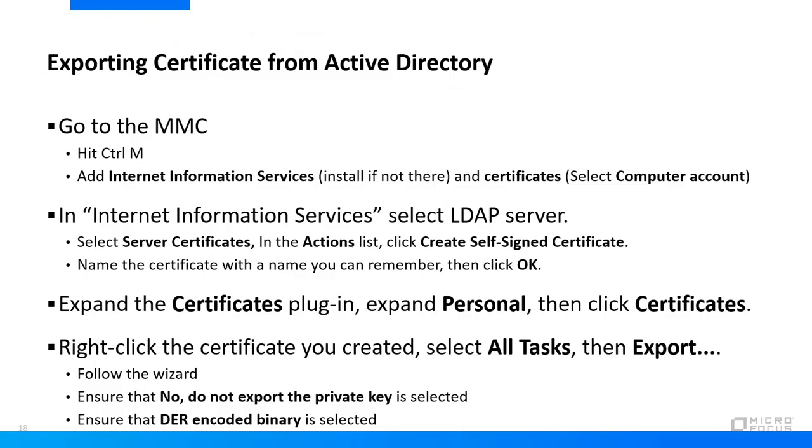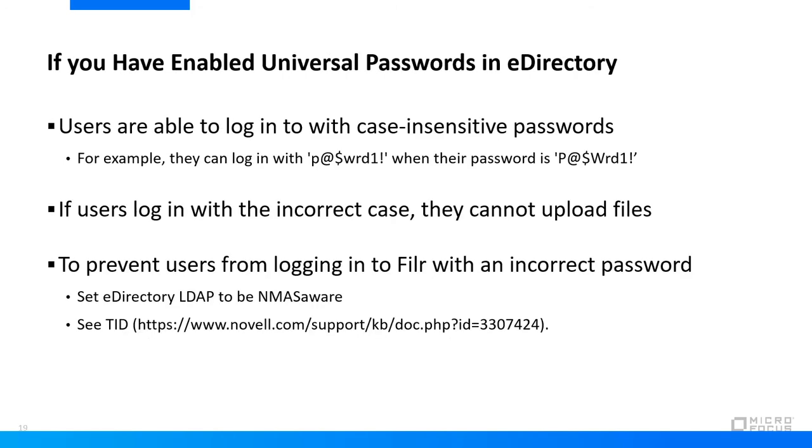While that's rebooting, let's just go through a few other things. If you've got universal passwords set in eDirectory, then you may have some issues because users will be able to authenticate to Filr with case-insensitive passwords. So the trouble is that if they do that, then when they try to access files on the file server, on the OES server, then they won't be authenticating properly there, and you will find issues there.